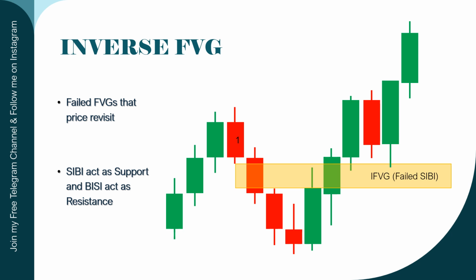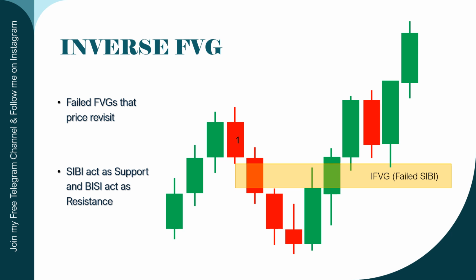This is reacting as a resistance, but the market went through, and then came back. This was a resistance area, but now it became a support area. So a SIBI is going to act as a support, and a BISI is going to act as a resistance.